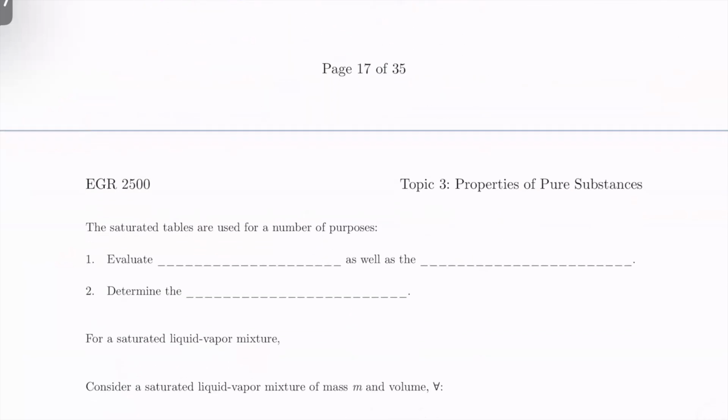All right. We use these tables for a number of purposes.